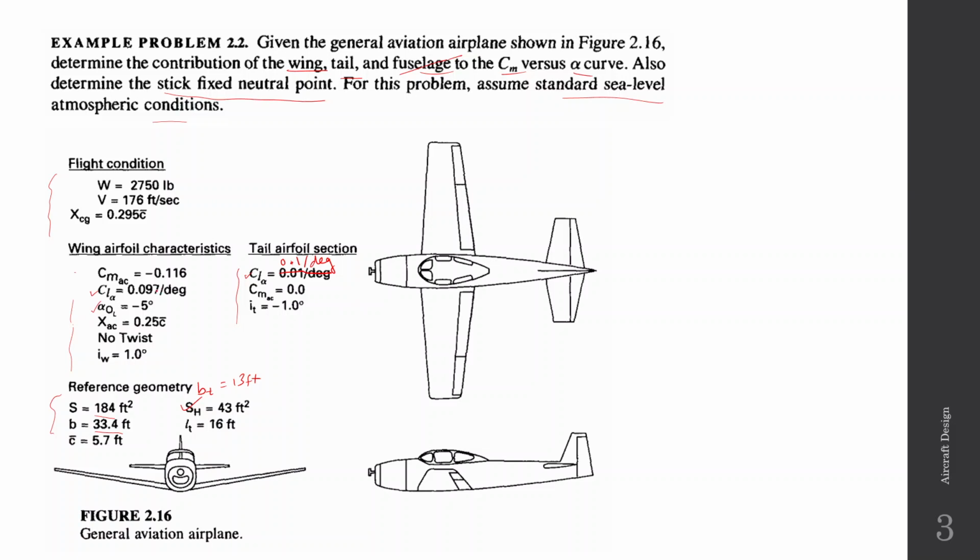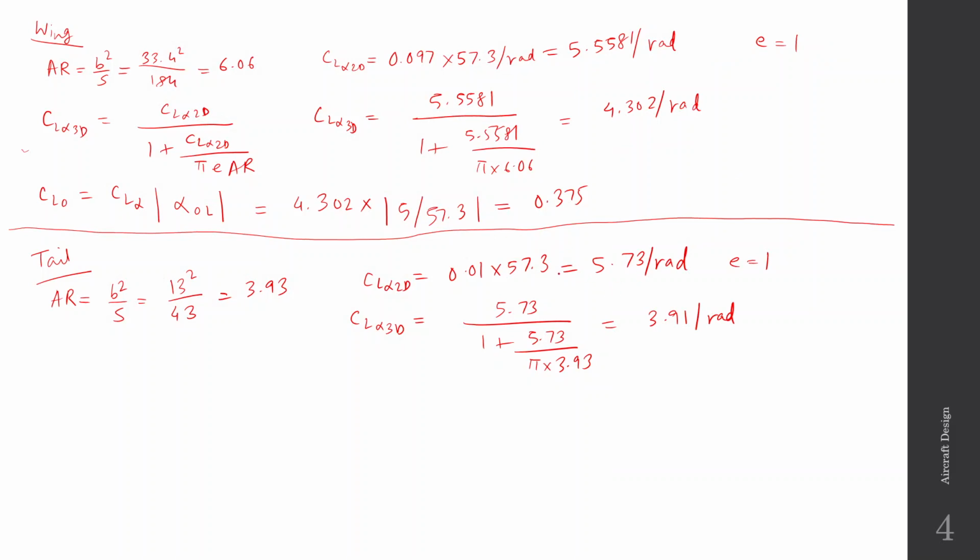You can see that the CL alpha for the wing is 0.097, and if for the tail this is 0.01, then it is 10 times less. The magnitudes are not of the same size. So I think this will be 0.1 per degree. Anyway, I have taken this example from Nelson's book, and he has used this 5.73 value for the rest of the calculation.